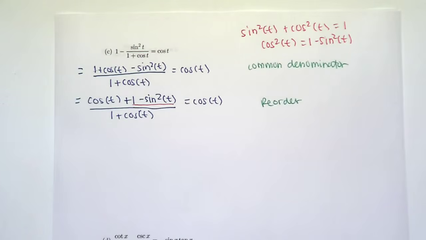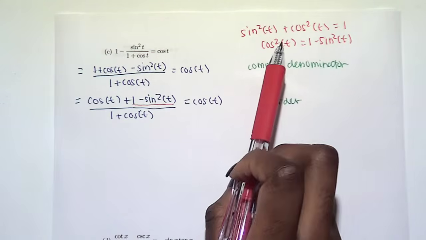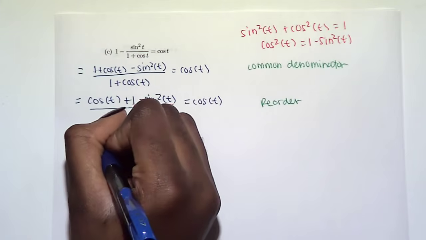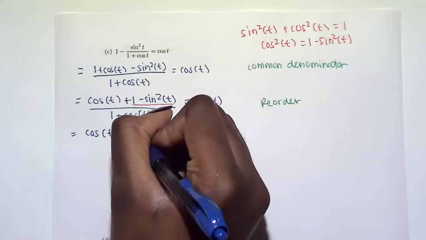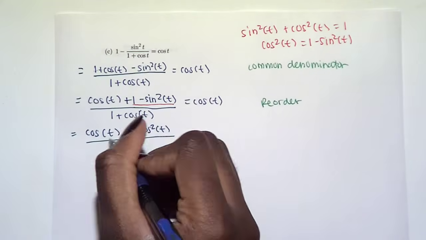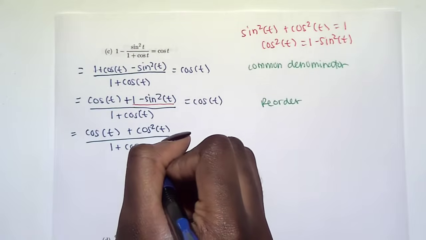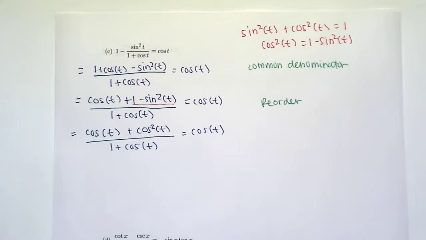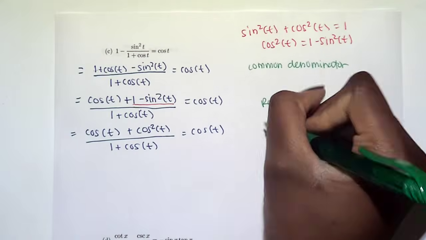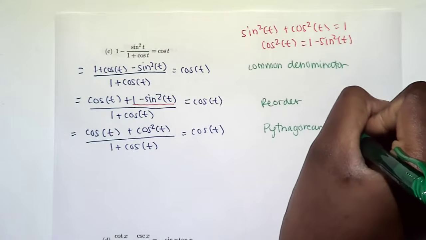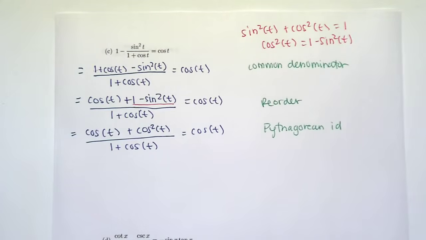So I'm going to replace 1 minus sine squared t with cosine squared t. So this was a Pythagorean identity.